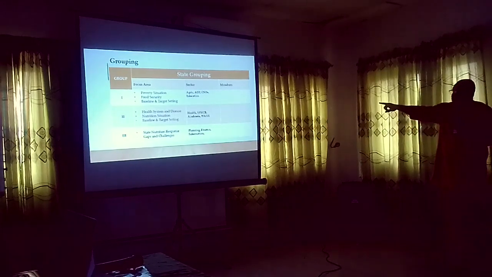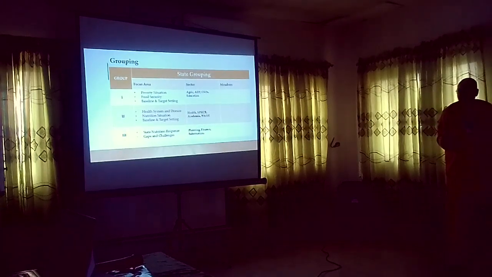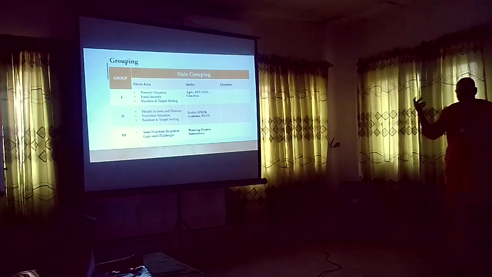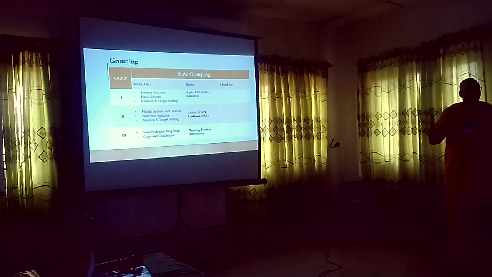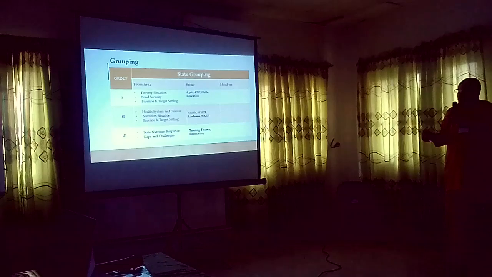Then group 2 will be health, primary health care. The academia will also join them, and those in WASH. They are looking at the health system and also disease situation, the nutrition situation, and those indicators that fall within this. They will use that to extract the baseline, and also set the target, so that when we meet, we all discuss it.